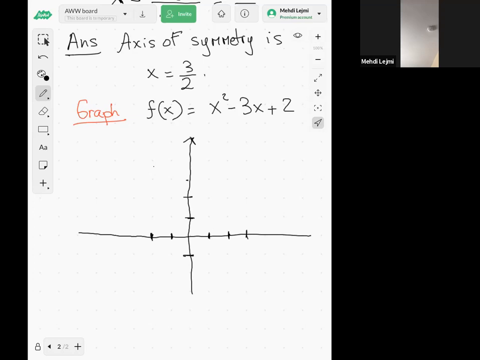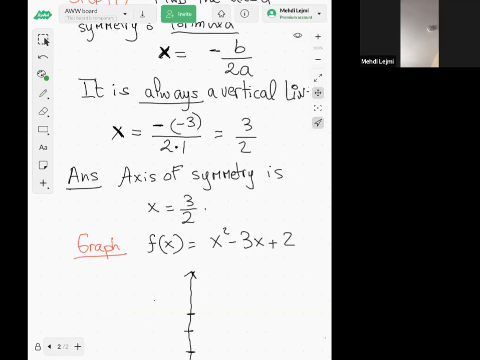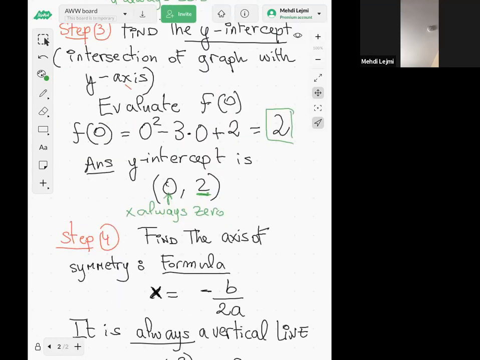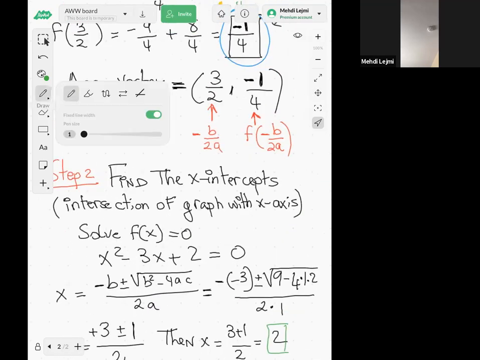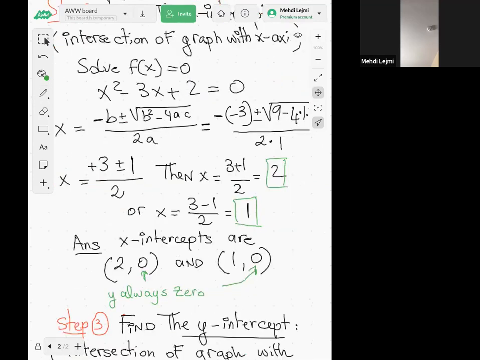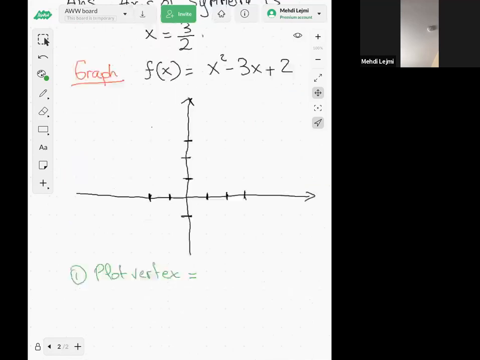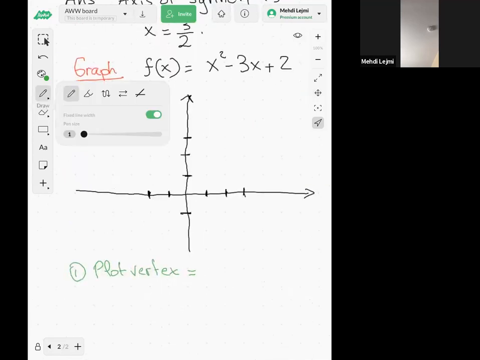All right. And so first, I'm gonna plot the vertex. So the vertex, we said it's 3 halves and -1 over 4. Let's see, where is the vertex? Yeah, right here. So it's 3 over 2, -1 over 4, right?